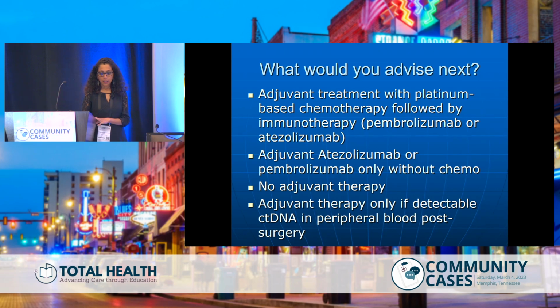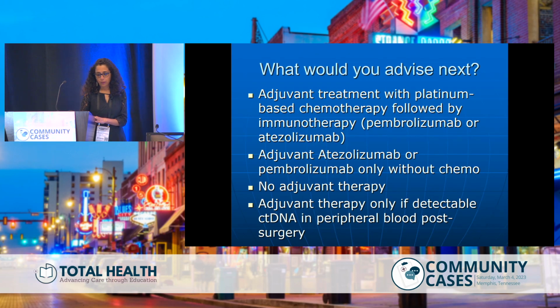Well, this is a stage 1 disease, and this is edition 8 I'm talking about. Even if you look at AJCC 7, this is still stage 1A. The tumor is less than 4 centimeters, therefore there is no role for any adjuvant chemotherapy. We'll talk about the IMpower010 study in a little bit.